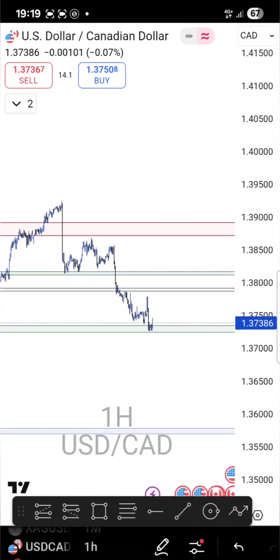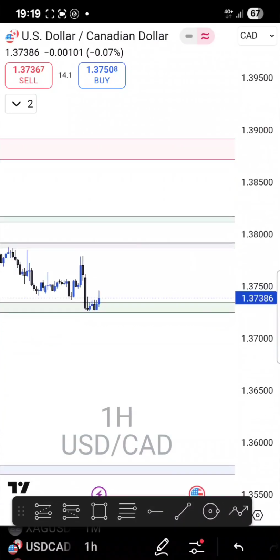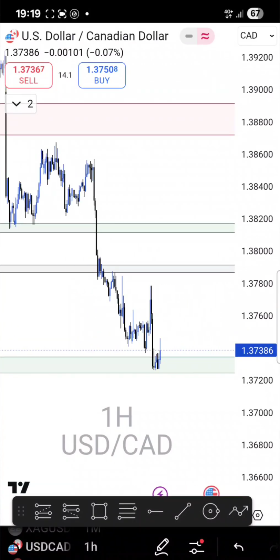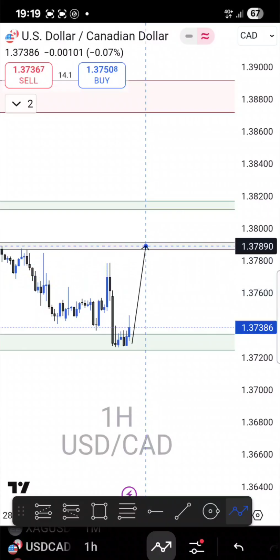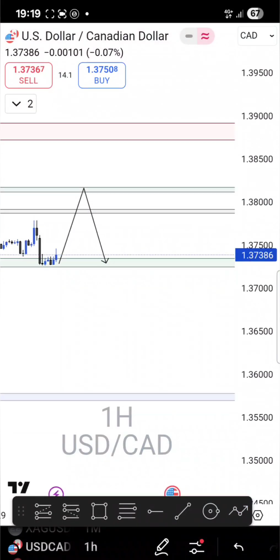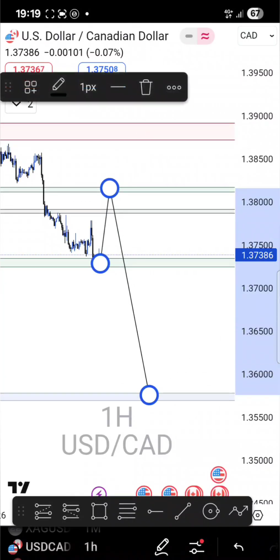I expect price to sell, but how will I take the sell? Once again, I will not be taking the sell now because price is currently on a support zone on the daily time frame. So I want to wait for price to pull back a little bit before we eventually start selling. Here would be our first area to take profit, and we'll continue to take profit here.